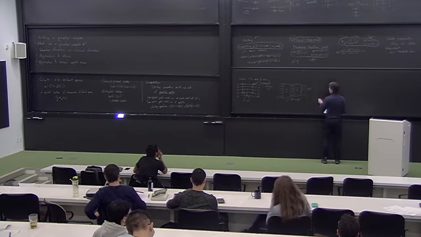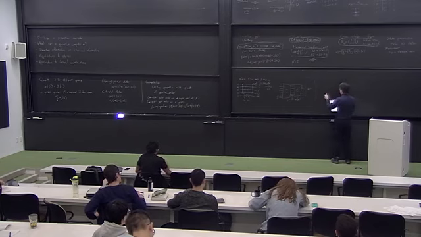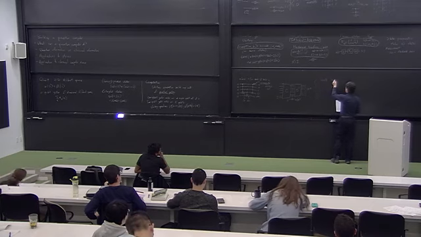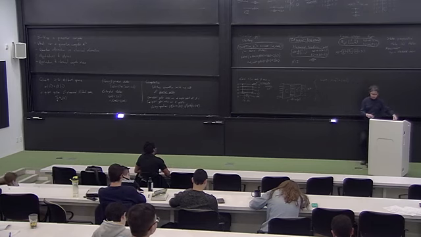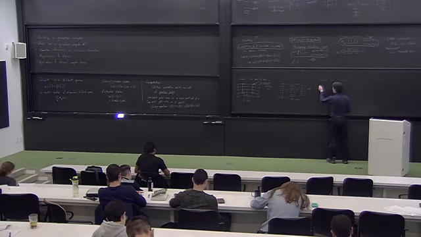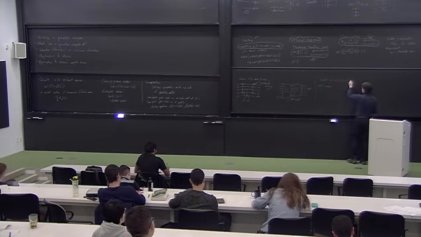So let's take as input 0, 0, 0 plus 1, 1, 0. OK? In order to do that circuit, we're going to need two ancilla qubits, so let's put them on explicitly.